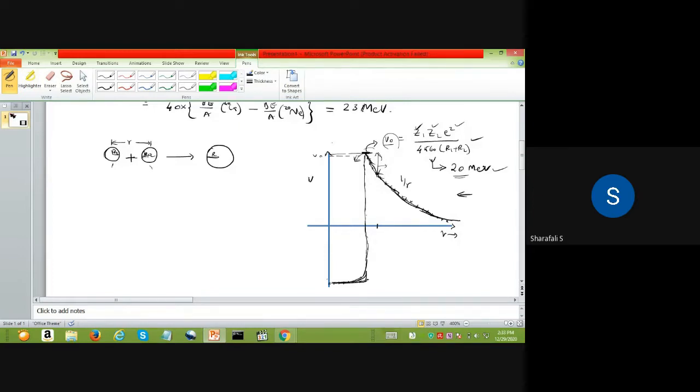So when you consider the proton-proton interaction, the H1 interaction, in this case your Z1 is very small. Only one proton you have. So you have a 1 times 1 here.